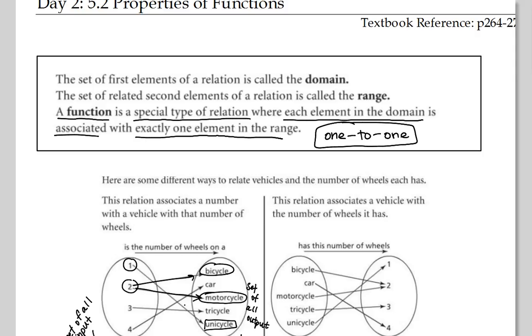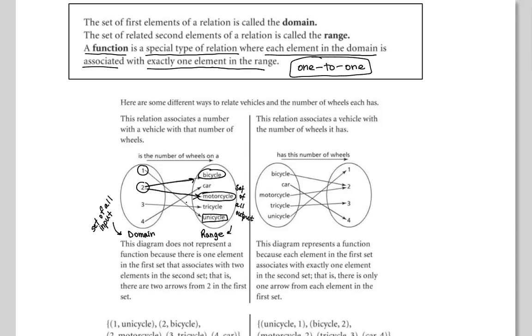So that first example, I'm going to highlight it for you, does not represent a function. Why does it not represent a function? Because, good, 2 has 2 options, that we can't have. Each element in the domain is associated with exactly one element in the range. So that first relationship is not a function, and we would say this, not a function.